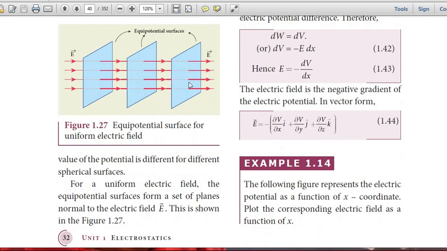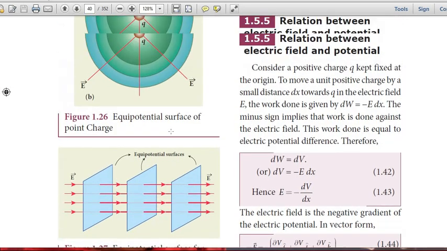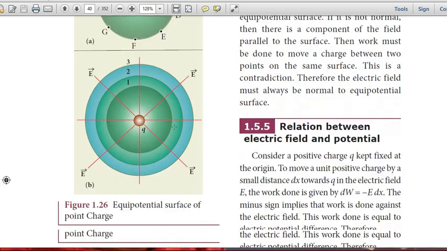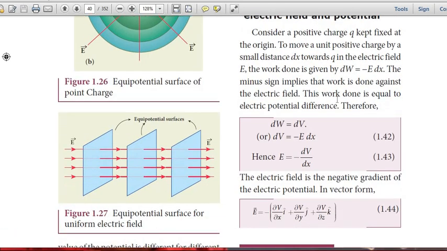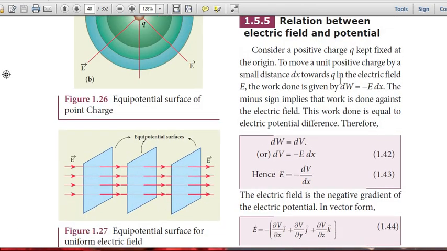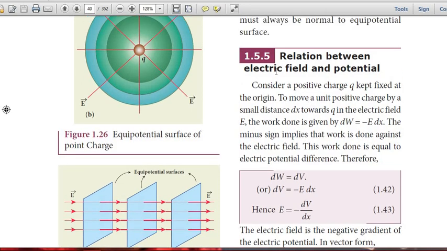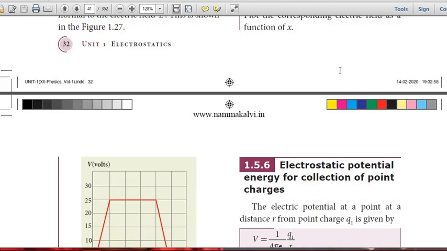Here, the electric field passes in the normal direction to the equipotential surface. This is one very important diagram. The relationship between the electric field and the electric potential is an important objective type topic as well as a 2 mark and 3 mark problem topic, children. Please note it down.